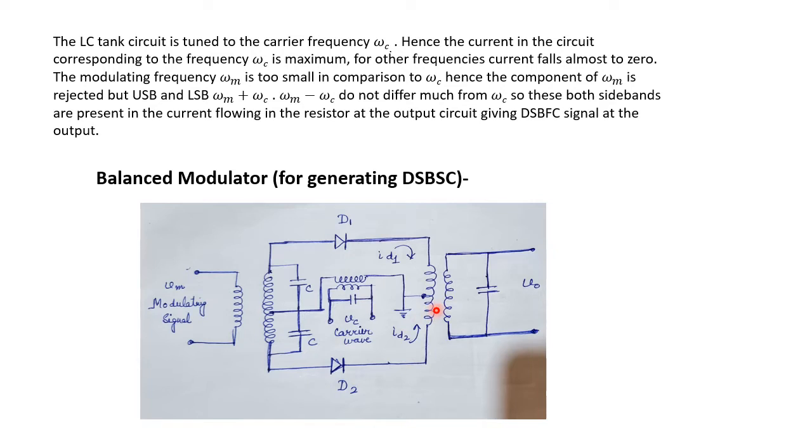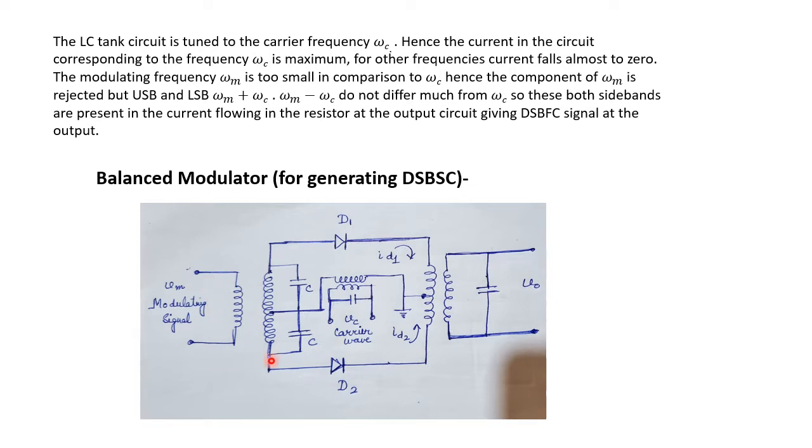In fact, we are using one more transformer which is shown in the figure at the center, and across this transformer we are applying the carrier wave or the radio frequency wave, and the modulating signal or the audio signal is applied across the transformer which is connected directly at the input.